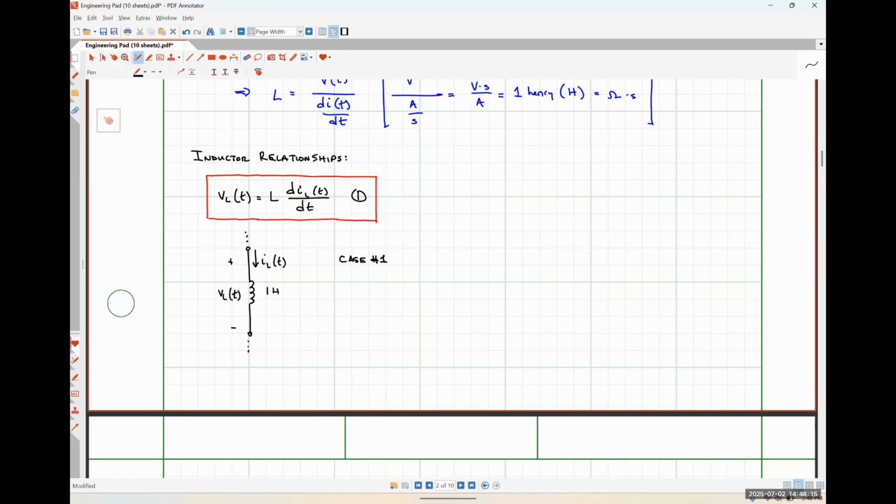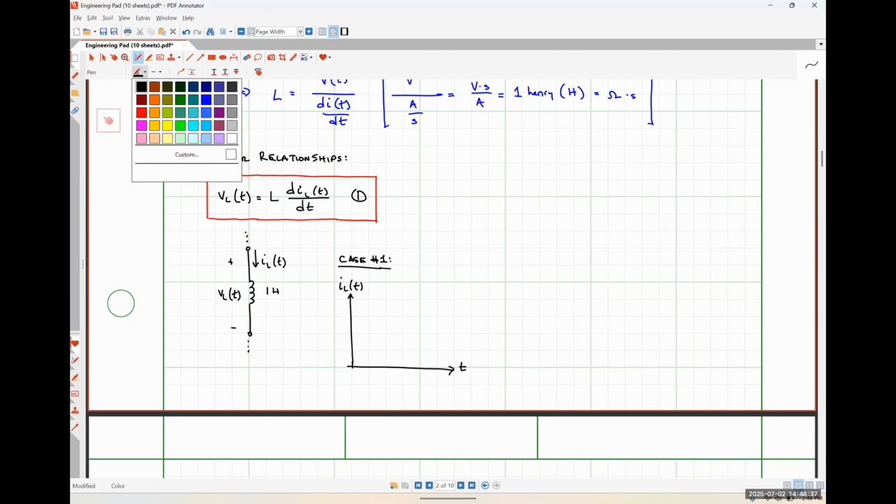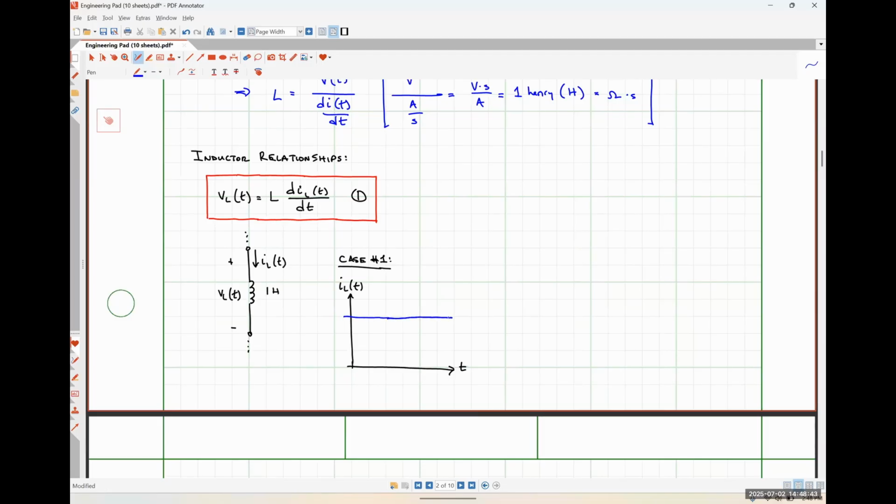So let's look at this first case. Okay. So if the current flowing through my inductor, so here's IL of t, and here's t. So let's say that the current flowing through my inductor is just some constant value.